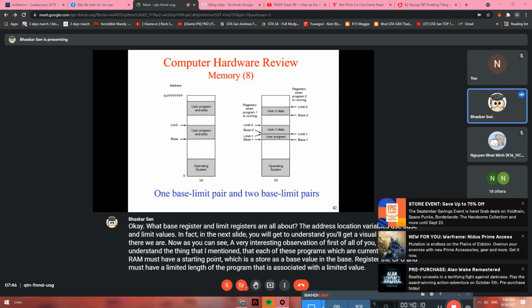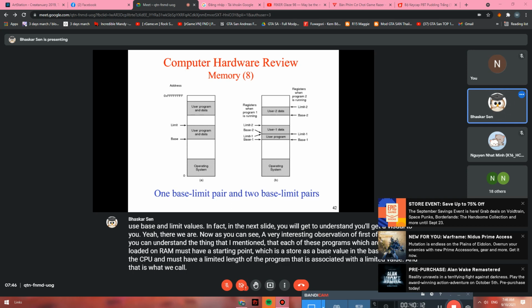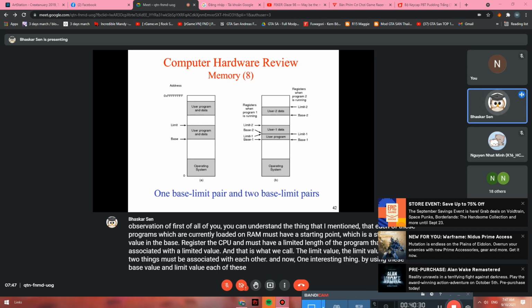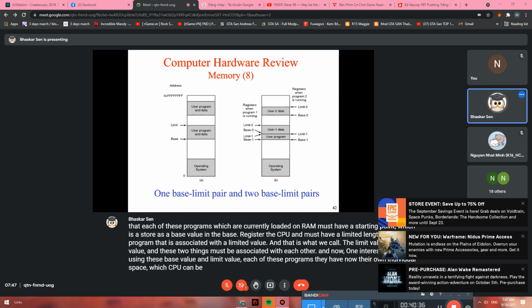And these two things must be associated with each other. And now, one interesting thing, by using this base value and limit value, each of these programs now has its own individual space, which the CPU can be aware of. But now if you look at the pictures one more time, you will see a very interesting feature.